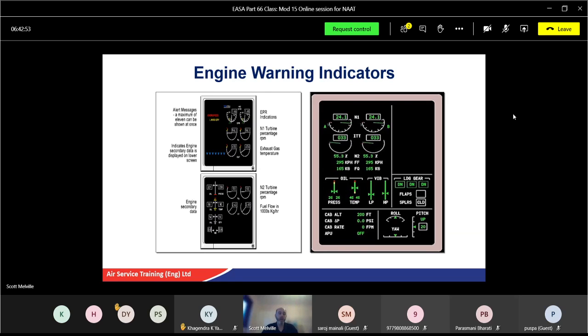It will send it to indication, maybe the fuel control, but also send the signal to this other component, which is used in case of an accident. The ADR, the aircraft data recorder.